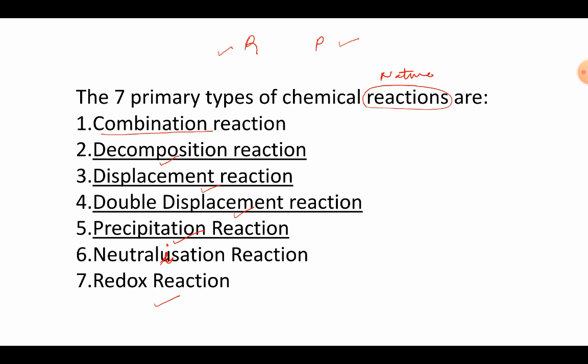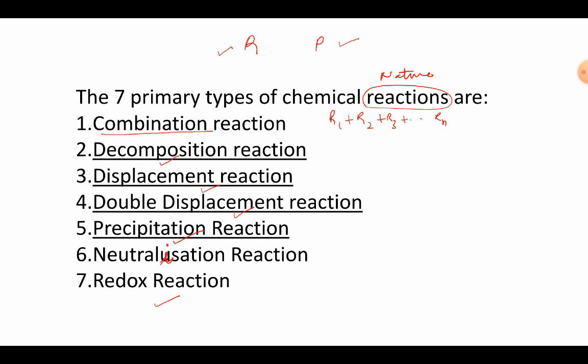So now what is a combination reaction? Combination means to combine, that when something is added up, that is called combination, right? In the name only it is clear, combination, that is to combine. Now what do we mean by it? In combination reactions there can be two or more than two reactants.